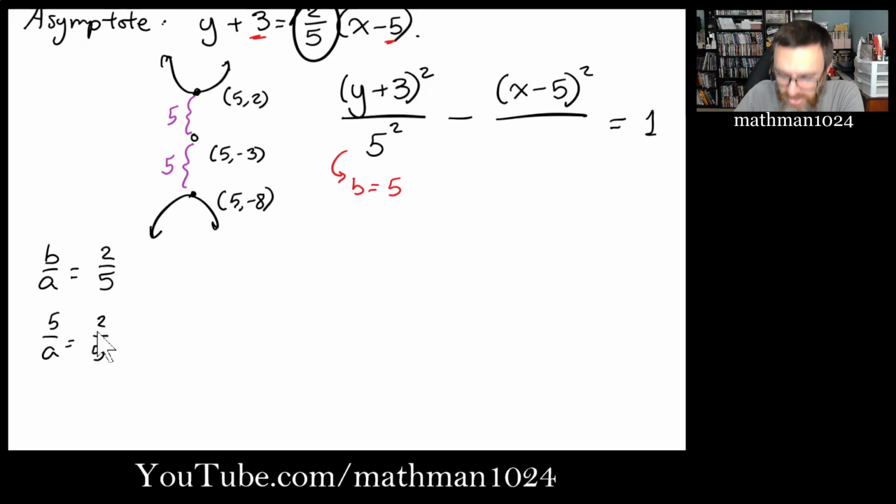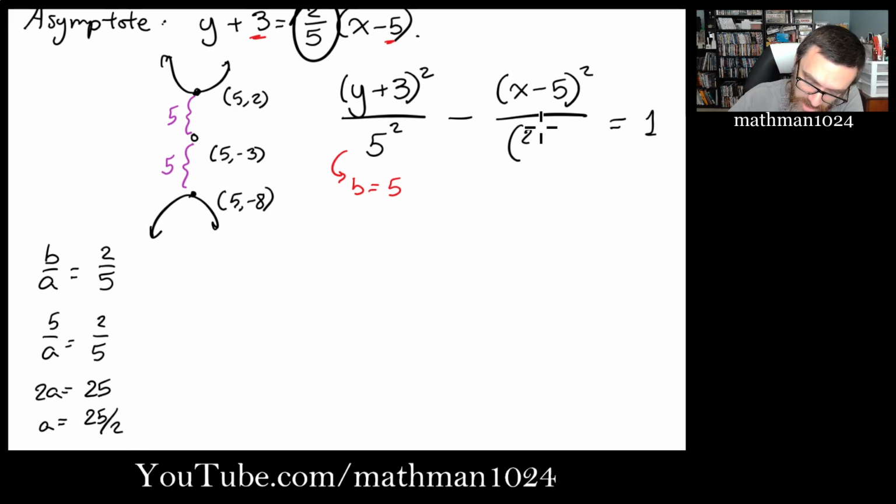So saying the cross products are equal means that 2a equals 25. So a is 25 halves. All right, so then over here, we're going to say 25 halves squared. That's going to be the form for my hyperbola.